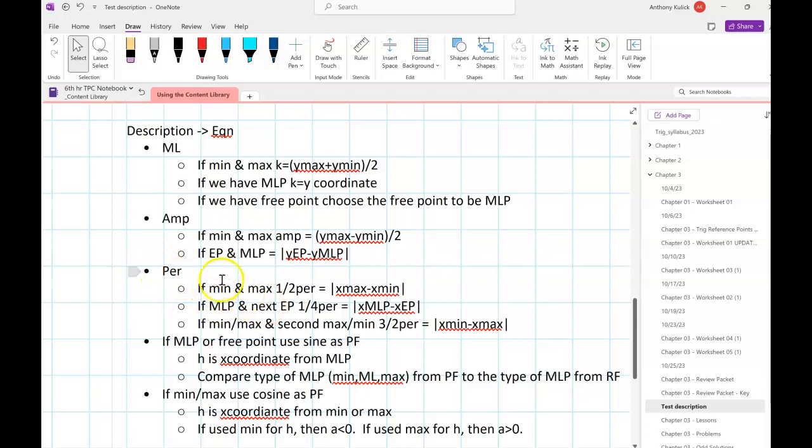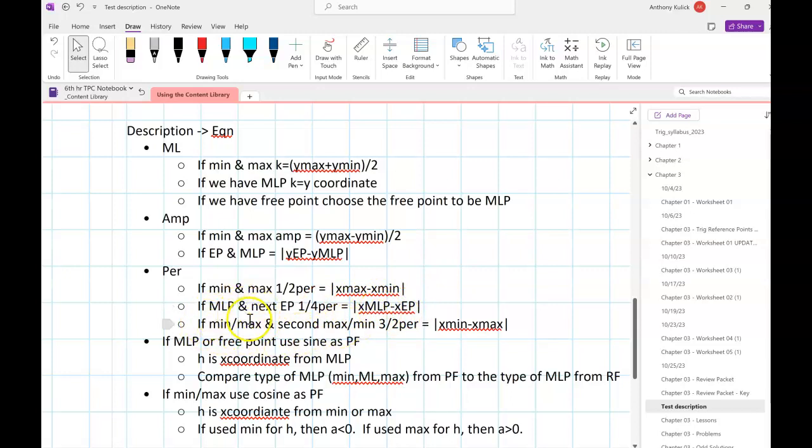For the period, if I'm given mins and maxes, I know that 1/2 the period is the distance between the x from the maximum and the x from the minimum. If I have a midline point and the next extreme point, either a min or a max, it doesn't matter, 1/4 of a period is the distance between the midline point's x-coordinate and the extreme point's x-coordinate.